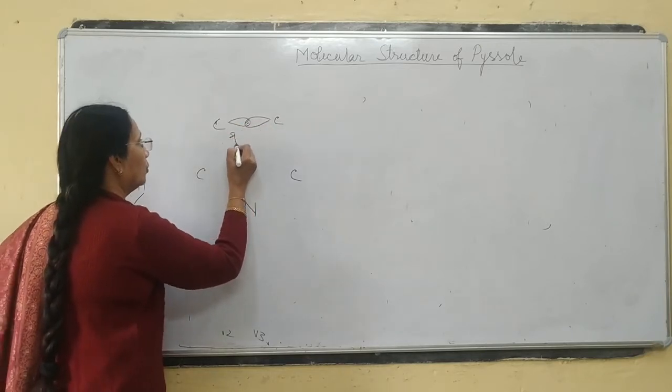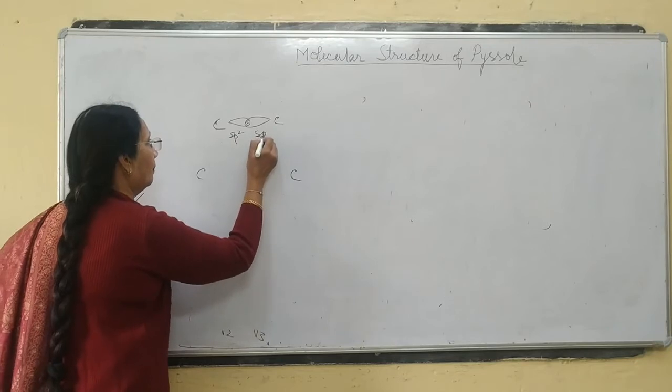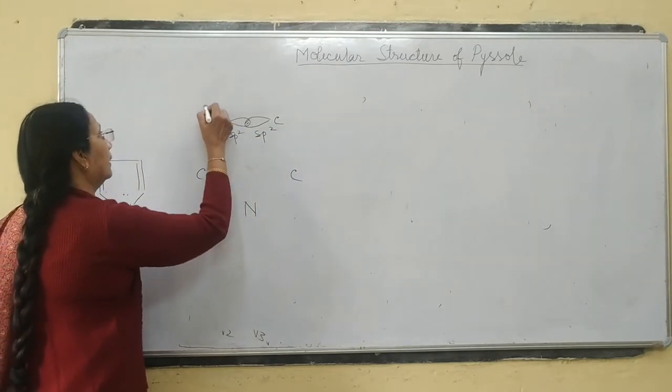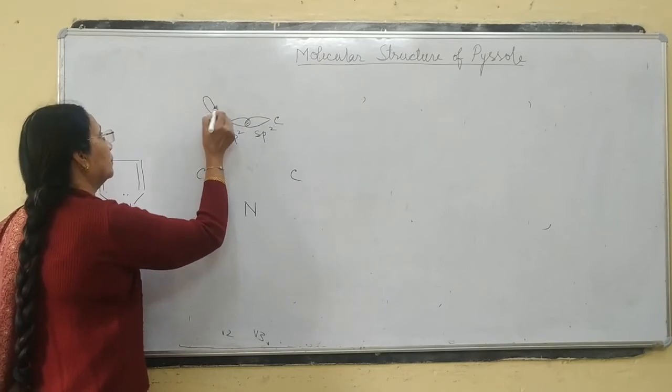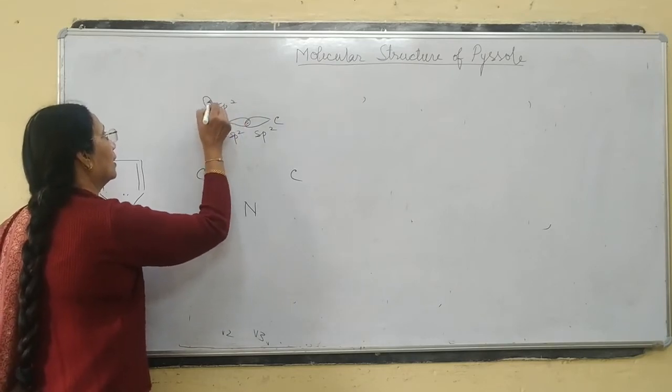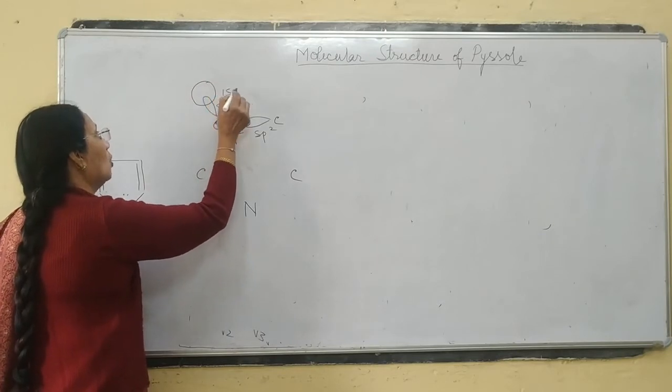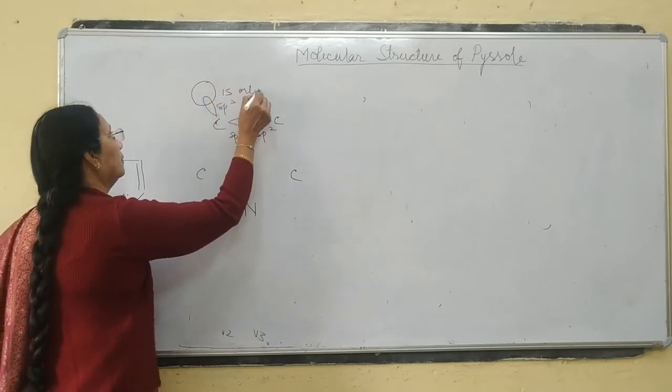These sp2 hybrid orbitals overlap, and this sp2 hybridized orbital of the carbon atom overlaps with the 1s orbital of hydrogen.